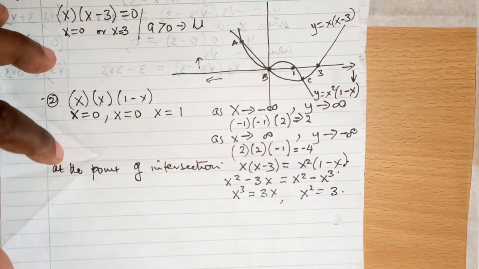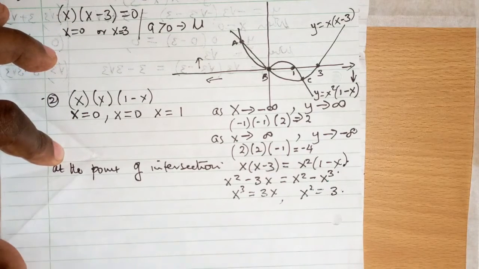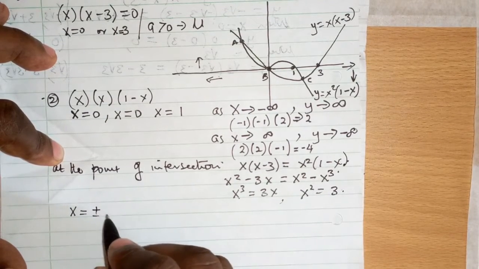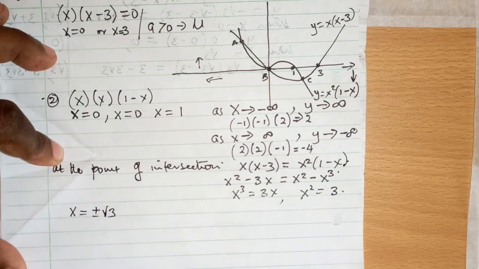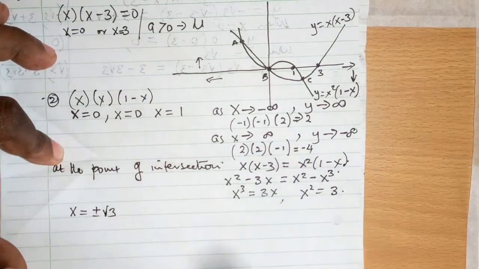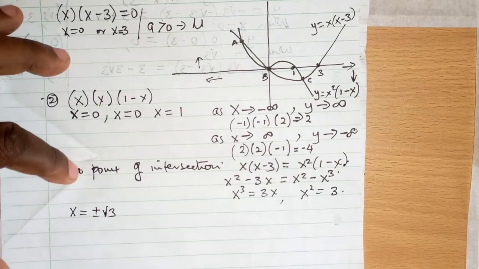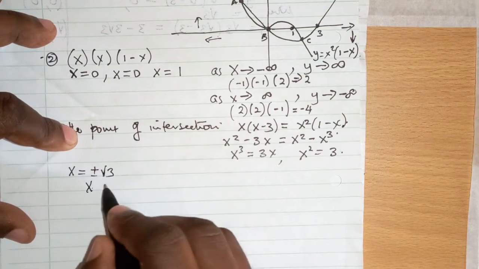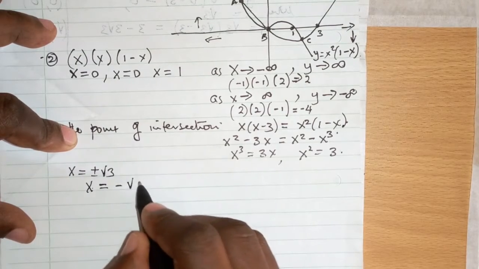So at that point, it is important to know that getting the square root of both sides, x is equal to plus or minus root 3. Those are the possible values of x. But remember, x can also be 0. So if we line them up here, we are going to see that x can be equal to negative root 3.